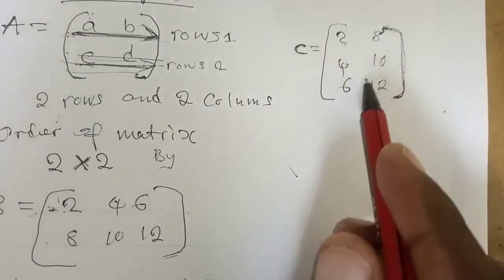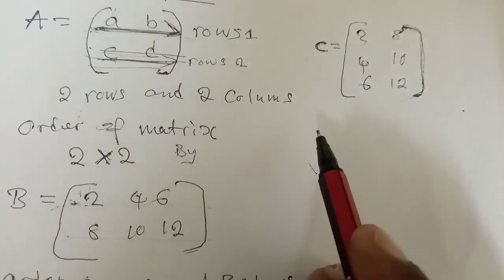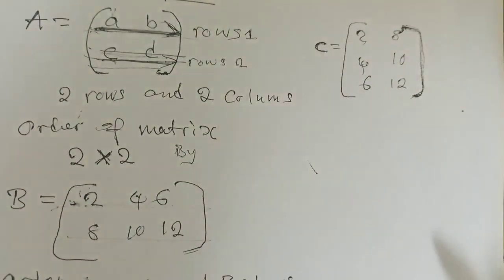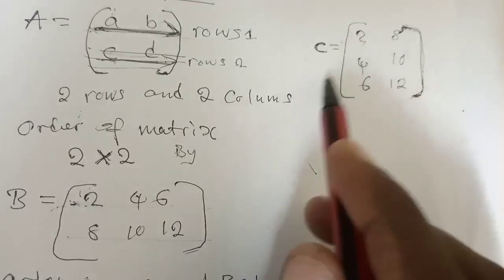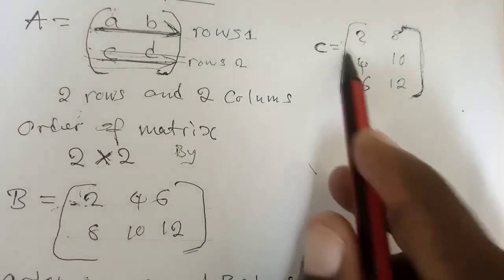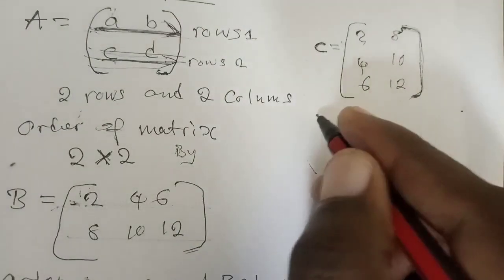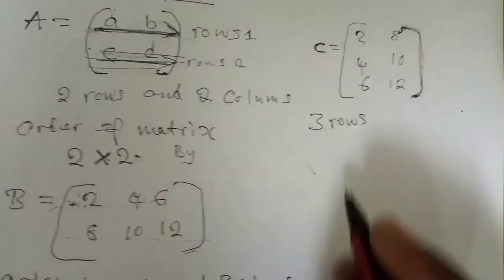So what is the order of this matrix? You can pause the video if you want to try it, so that you compare with the answer I'm going to find. So here we count 1, 2, 3. That means we have 3 rows.